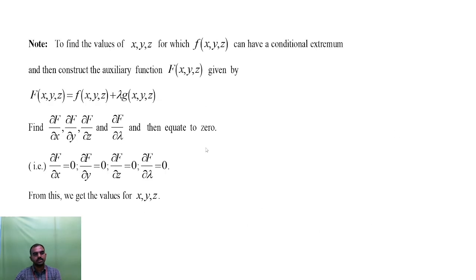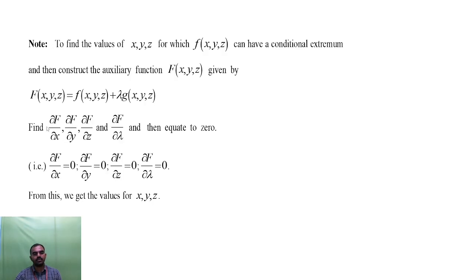Okay. So to find the values of x, y, z for which f(x, y, z) can have a conditional extremum, construct the auxiliary function capital F(x, y, z), given by capital F(x, y, z) = small f(x, y, z) + λ g(x, y, z).